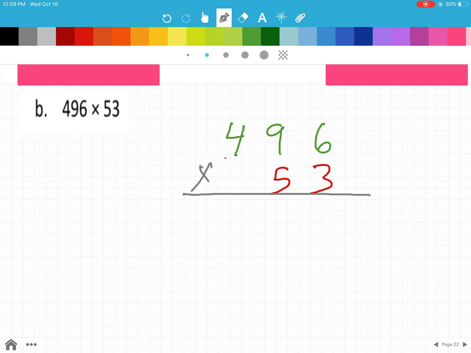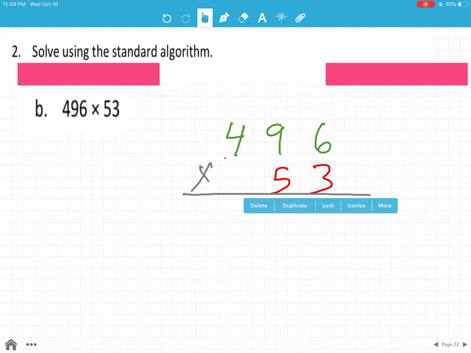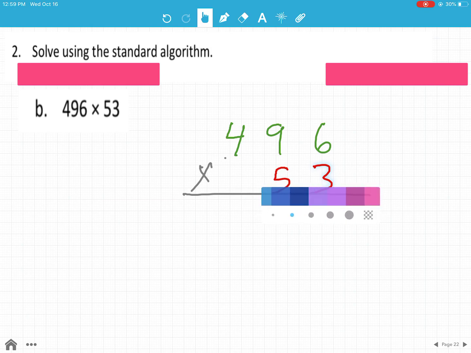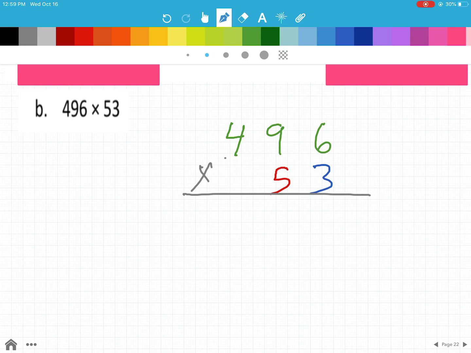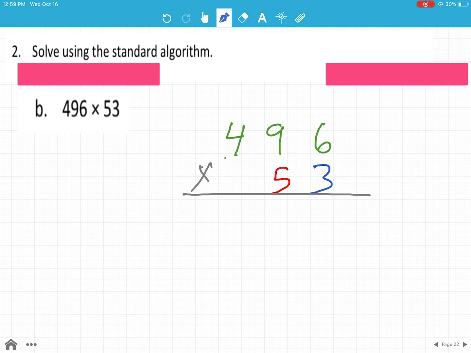I'm going to change one of these so you understand what's going on, hopefully. Alright, so first I'm going to use the 3 in the ones place. And I'm going to multiply it times 6. 3 times 6. That's 18.